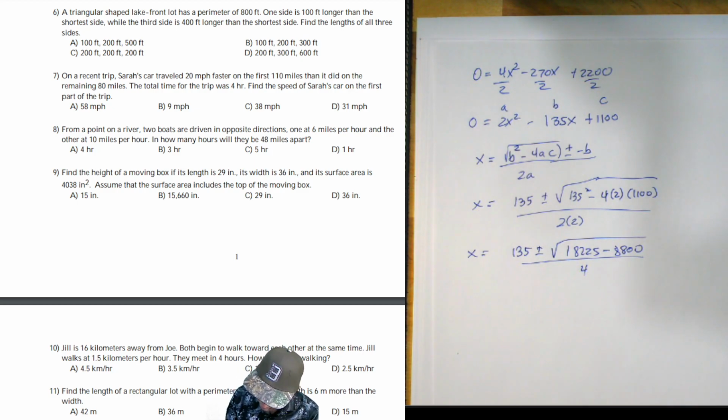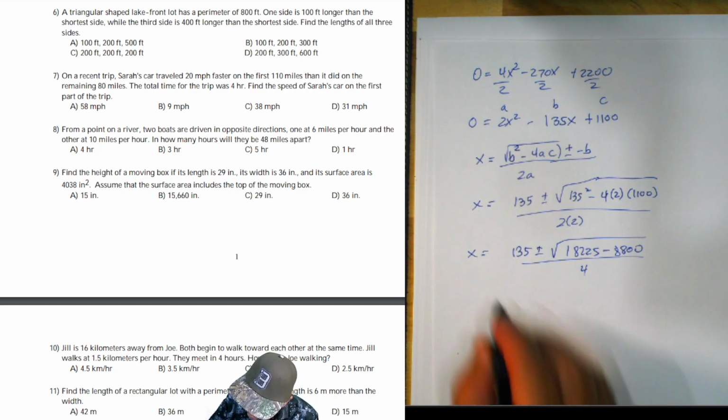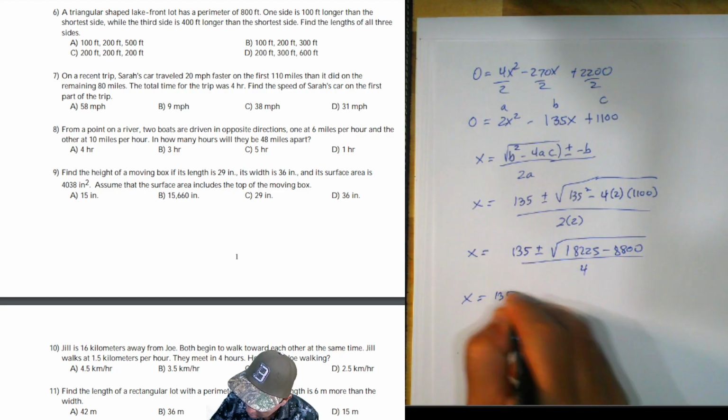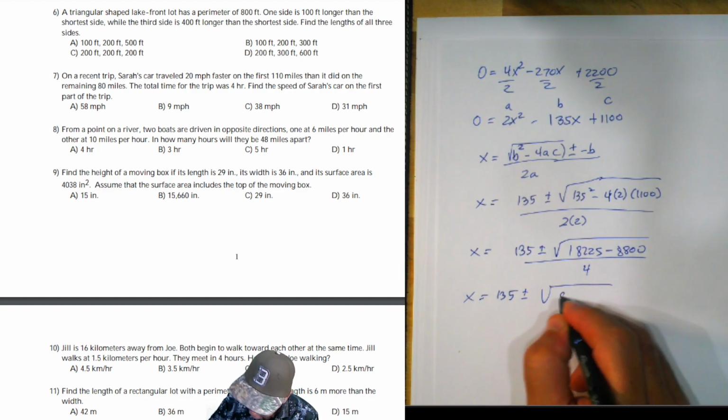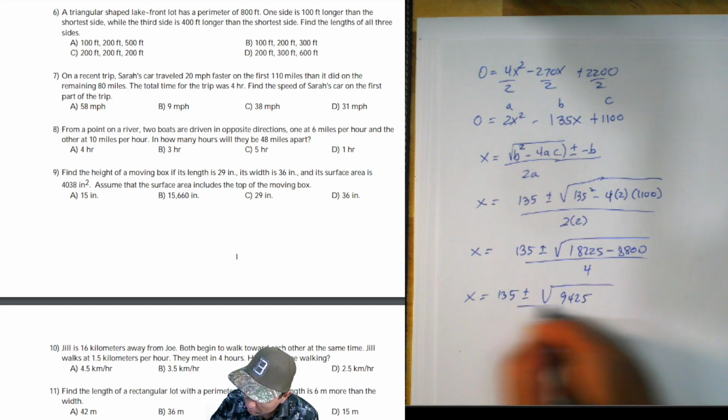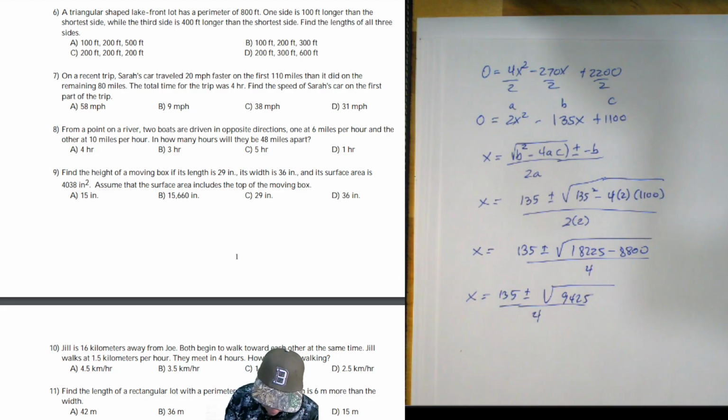So 18,225 minus 8,800 is 9,425 all over 4. So we're going to take the square root.